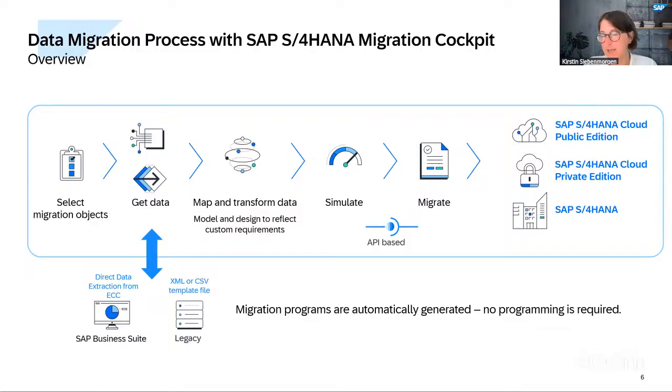In this case, the APIs will be called in a test mode and processed in a test mode. So you already get all the validation and checks upfront. So it checks if the predecessor objects are available, if all the data which is needed is available, and if everything works fine and the simulation is okay, you can then process the migration. That means the API creates the data in the target system.